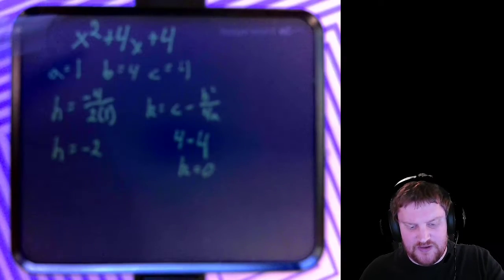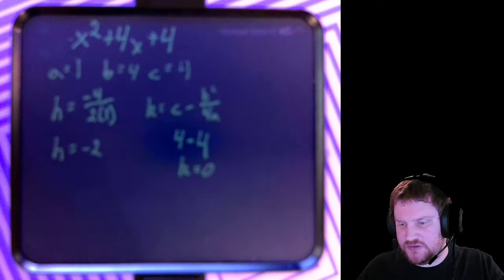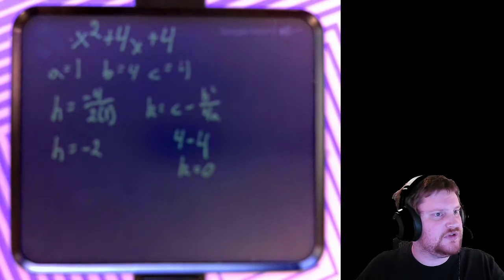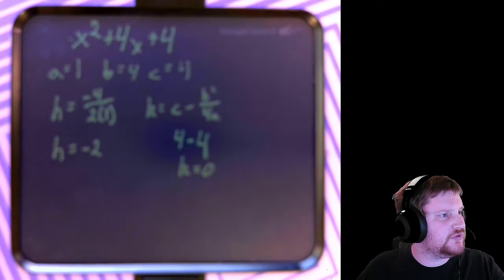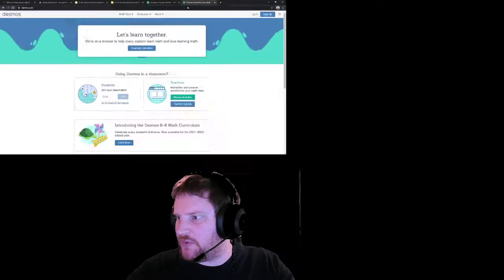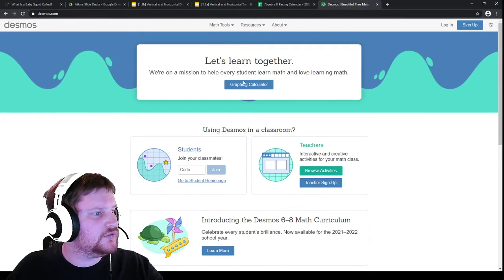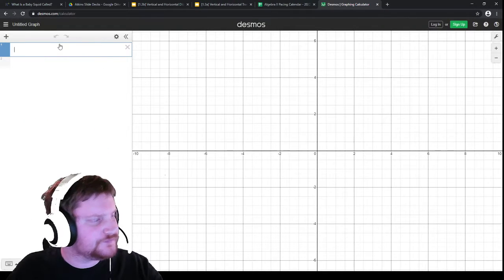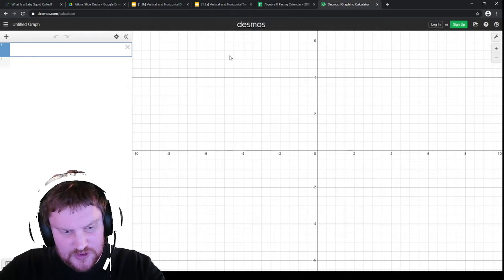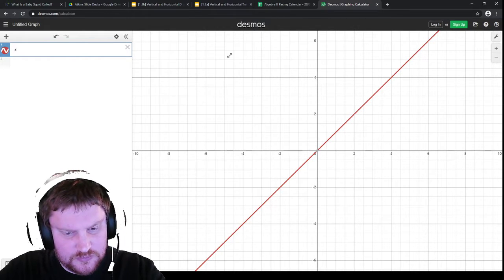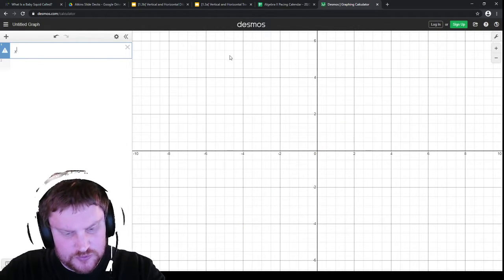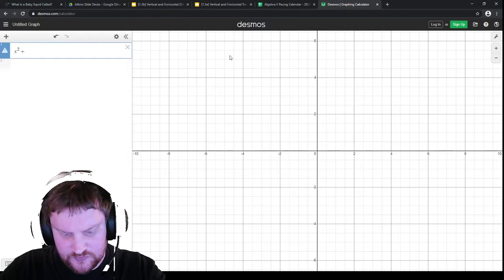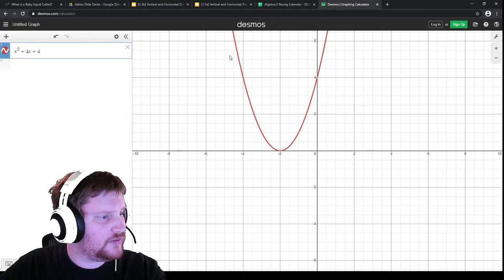Let's go ahead and graph this on Desmos. See if I can find an open Desmos. And let's see if this will pop up Desmos for us. It will. So graph x squared plus 4x plus 4.